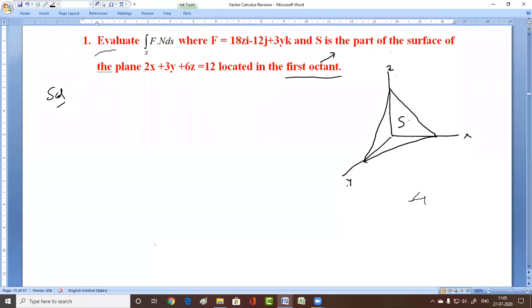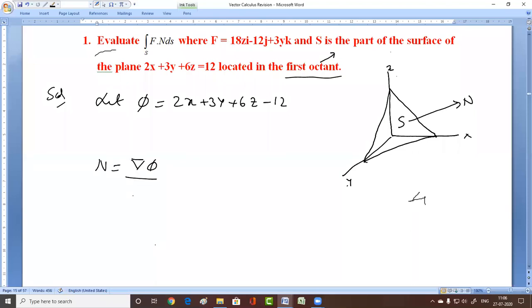So unit outward normal. How to find the unit outward normal to the given surface? What is the given surface? Phi equals the plane 2x plus 3y plus 6z minus 12. Now del phi. What is the unit normal? Unit normal is nothing but del phi by mod del phi.